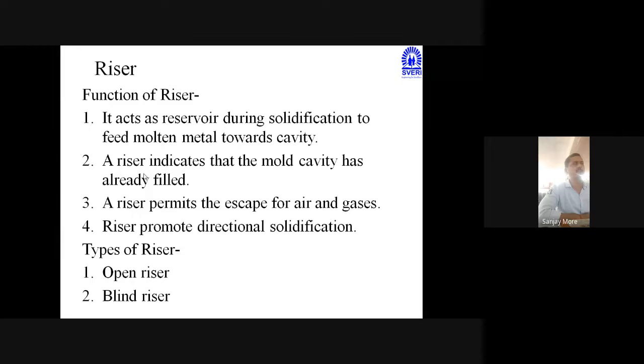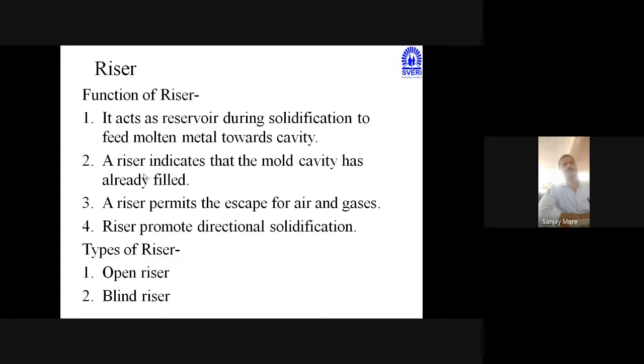Fourth, the riser promotes directional solidification.